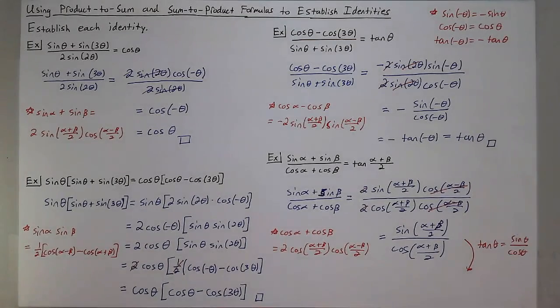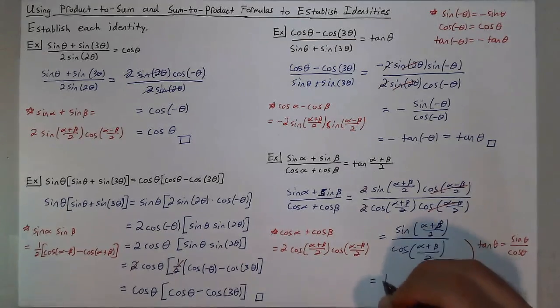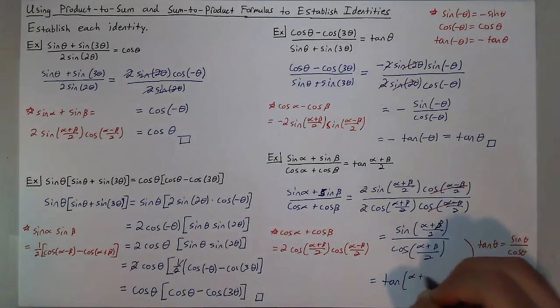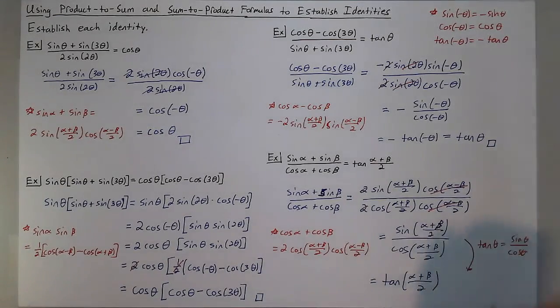I can say that this is equal to tangent of alpha plus beta all over 2, which is what I was trying to prove in the first place. And that is how you use product to sum and sum to product formulas to establish identities.